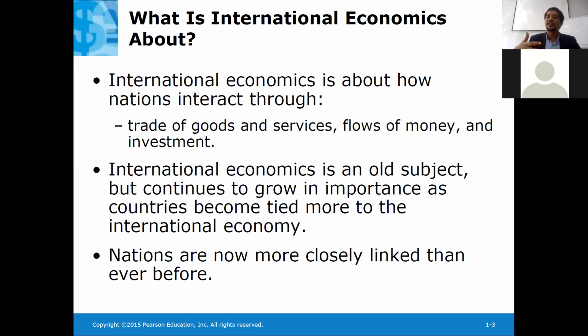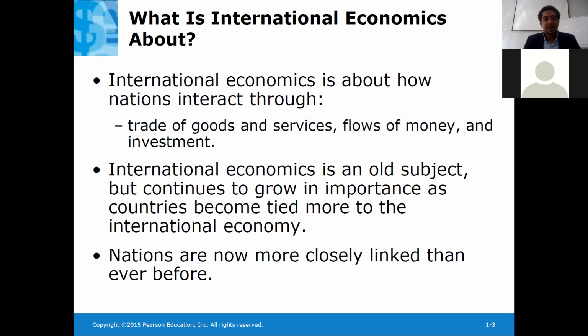And because countries are now more dependent on international trade and international economics for their growth and development. Okay, so nations are more closely linked with each other than ever before.